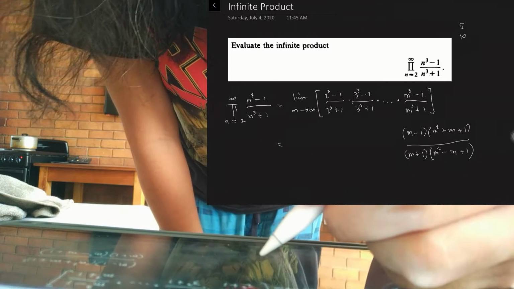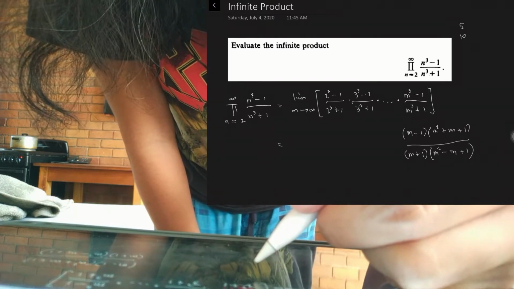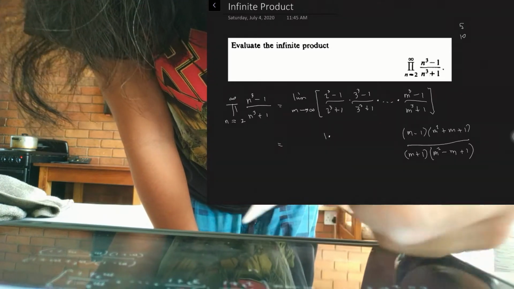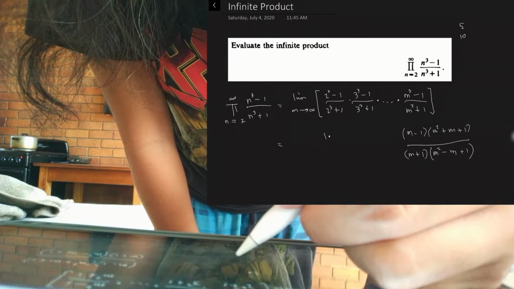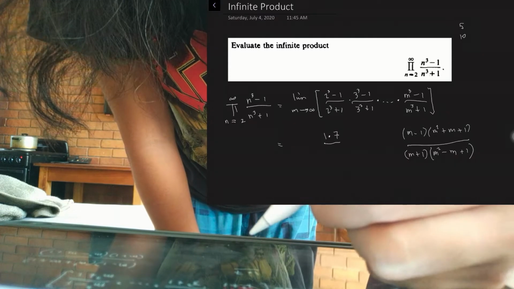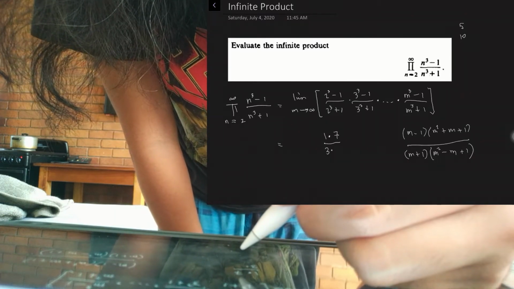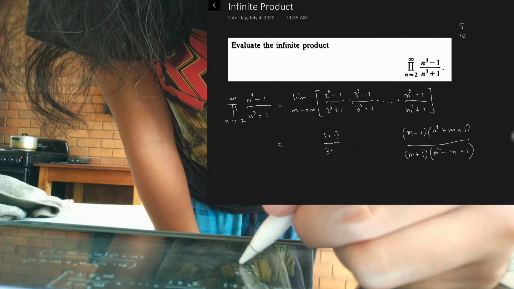And so if m is equal to 2, the first term would look like 1 multiplied by, 2 squared is 4 plus 2 is 6, plus 1 is 7. In the denominator, you have 3 times, 2 squared is 4 minus 2 is 2 plus 1 is 3.